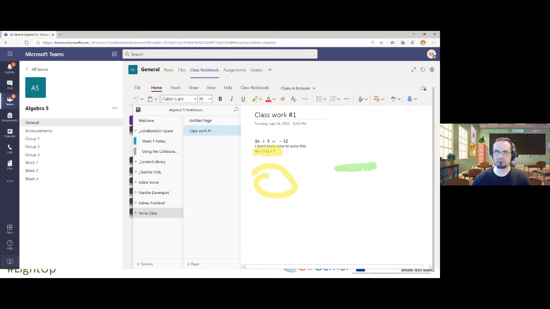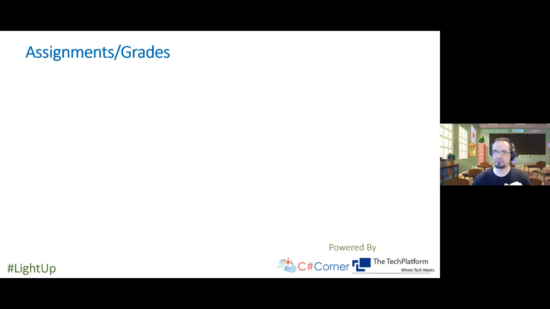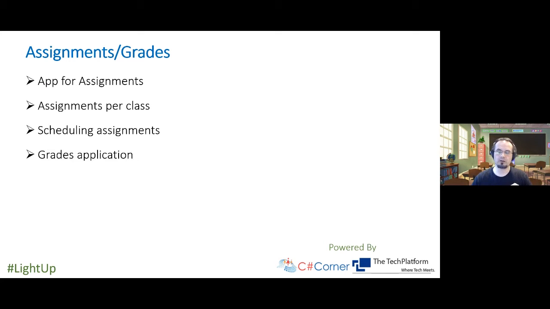Okay, so that's for OneNote, but we also have other features. Quickly go to my OneNote, and review students' work. Okay, assignments and grades. Those are two dedicated modules for education. So this is an app for assignments, where I can create and assign tests or quizzes for my students.